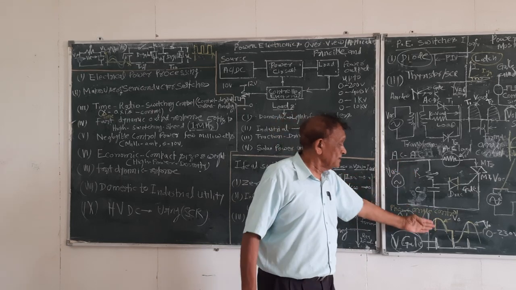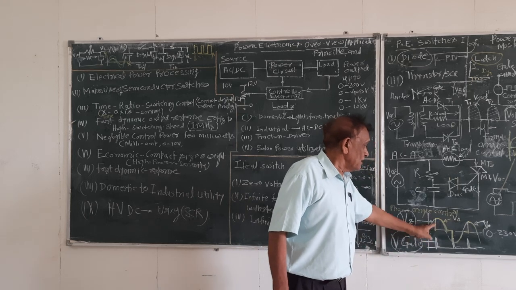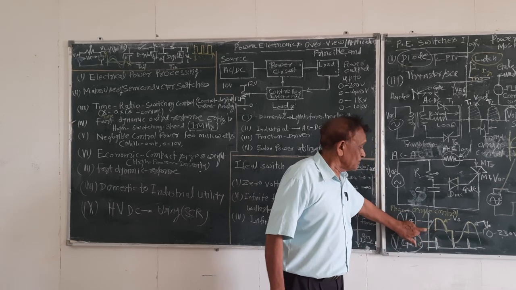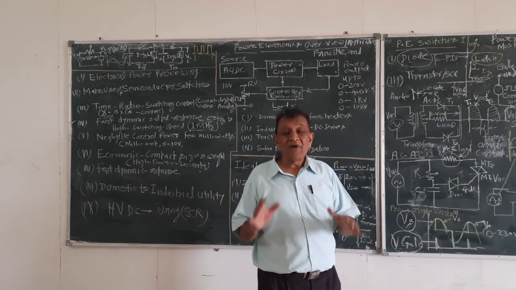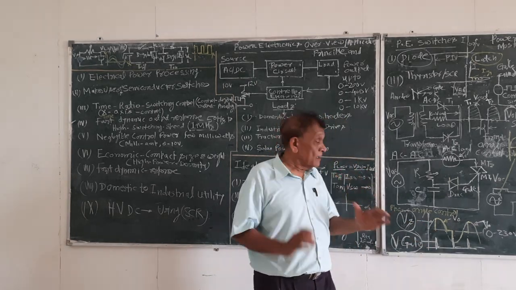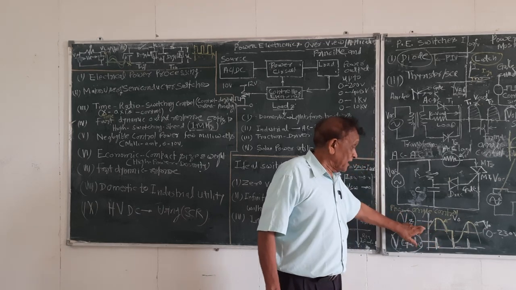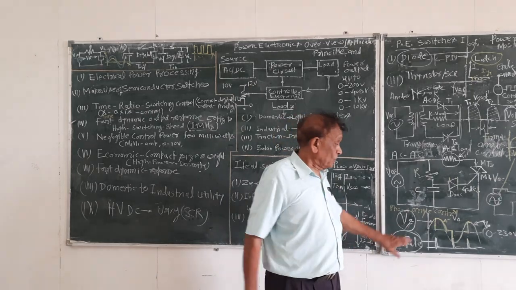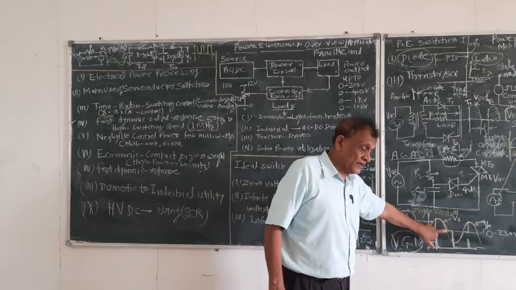How does it convert? Here is the AC voltage. The AC voltage is shown over here. It is triggered after some time. So this time, from this point to this point, is called the firing time, or the firing angle, which can be 0 to alpha degrees. So the maximum angle that can vary from here to here is 0 to 180 degrees.